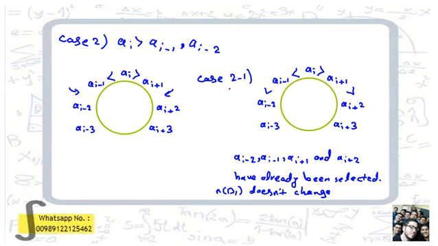In case 1, with greater than, we see that all four of these elements are less than a_i, so they have already been selected. So changing these signs won't have any effect on n(d1), because n(d1) only considers the elements that have not been selected yet and have a special order.